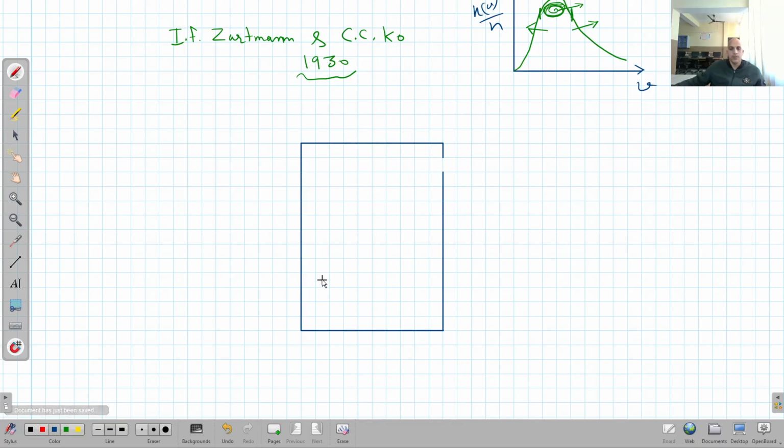You can see here it consists of an oven at the bottom of this chamber.